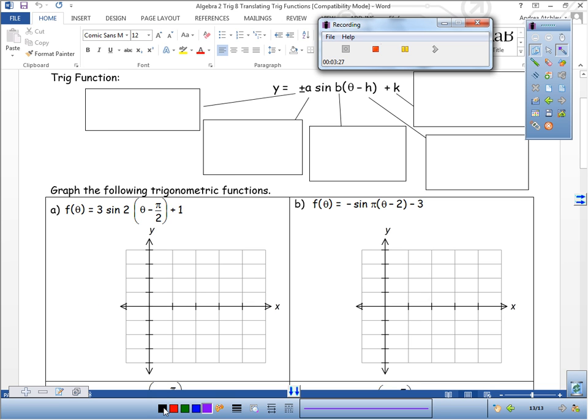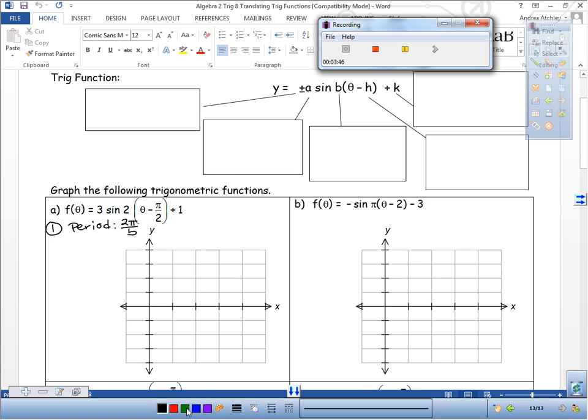So the first thing we're doing in graphing transformations is to identify the values. Okay, I'm going to start by finding the period and the amplitude. The period is 2 pi over b for sine and cosine. Remember, for tangent it's pi over b, but we're only going to go with sine and cosine today.